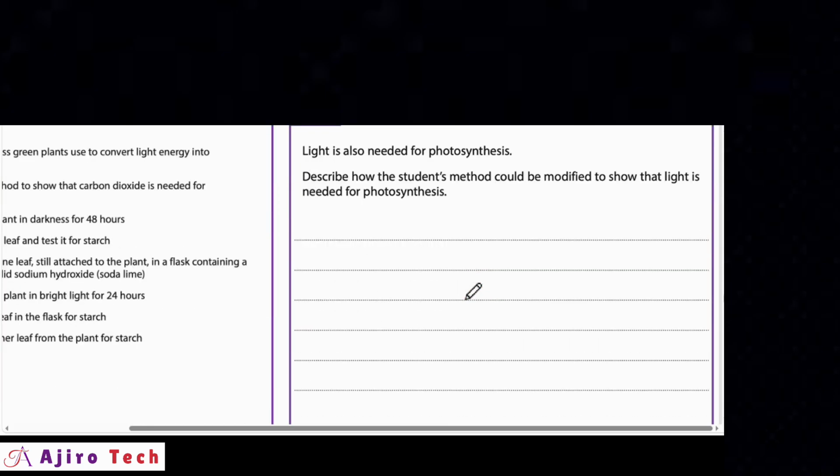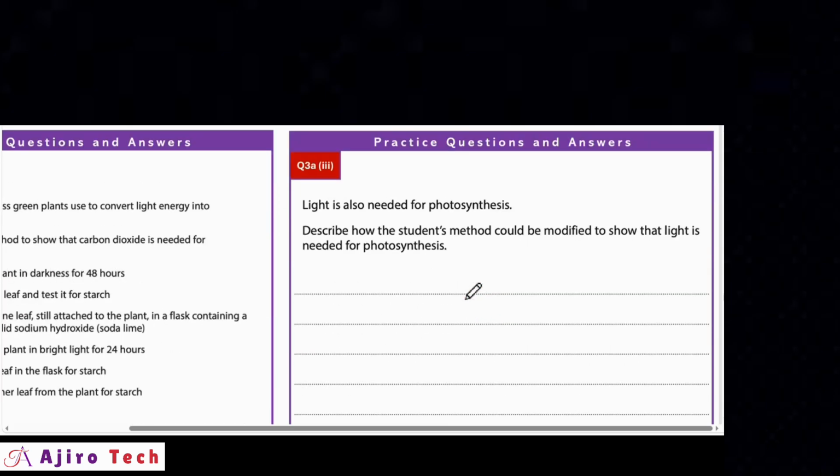Let's move to the next. Light is also needed for photosynthesis. That's question 3A, Roman. Question 3A, Roman, says that light is also needed for photosynthesis. Describe how the student's method is modified to show that light is needed.